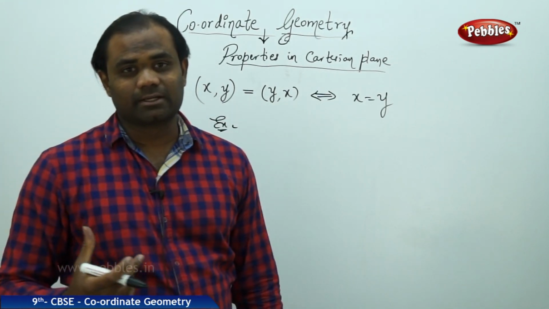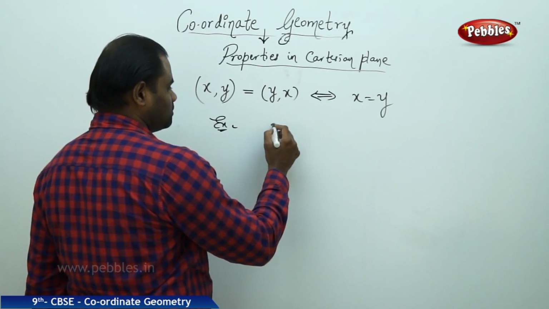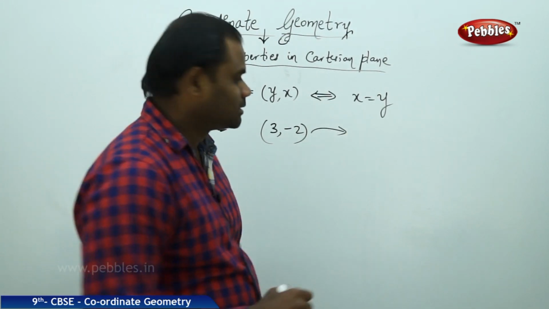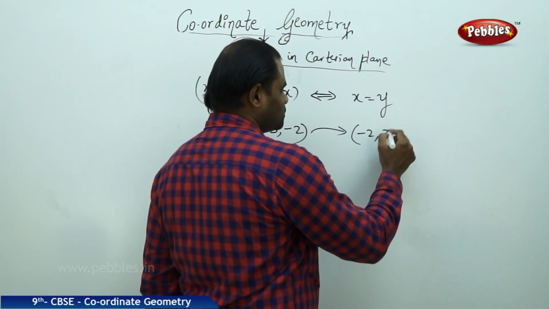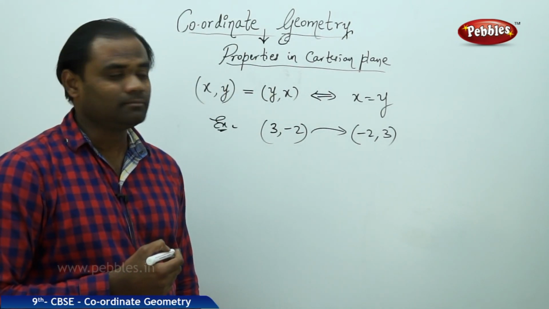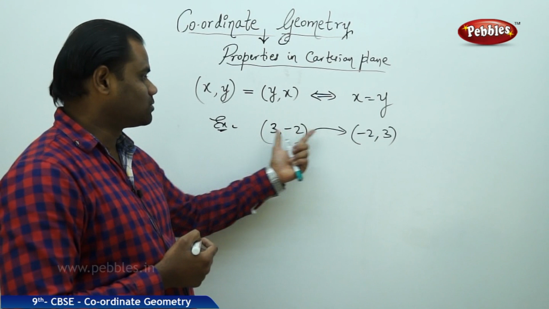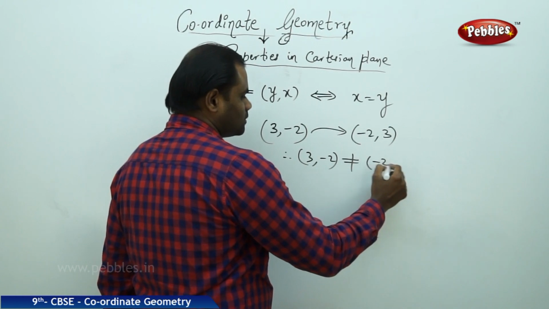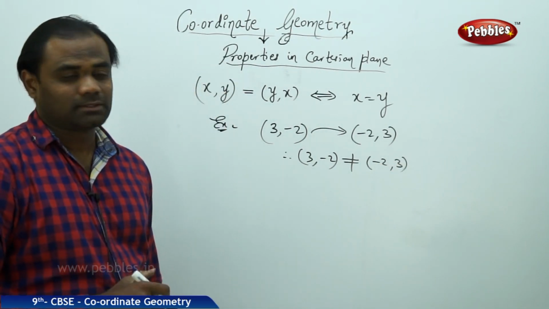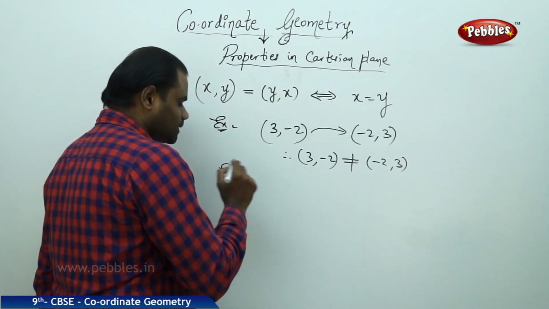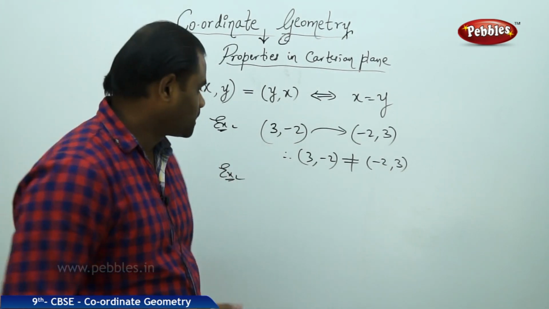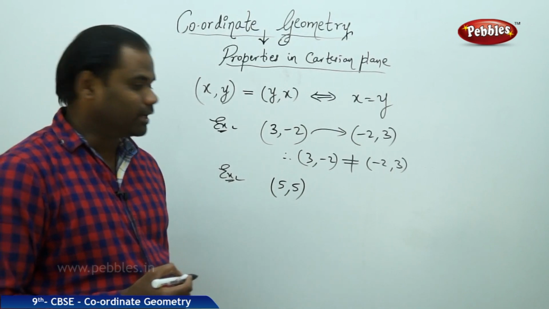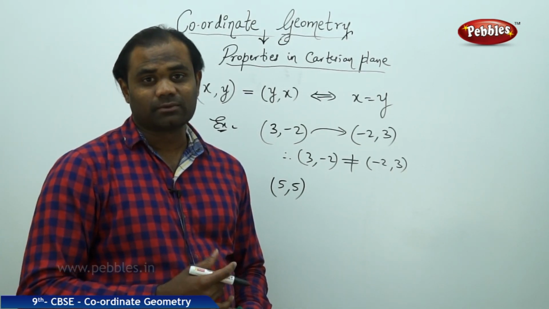For example, let's take an example problem. If I have the point (3, -2), clearly when I reverse it, this gives me (-2, 3). So the reversing of the point (3, -2) clearly makes me understand that (3, -2) is not equal to (-2, 3). But if I take another example, say (5, 5). I have the coordinate (5, 5) which I would like to reverse.